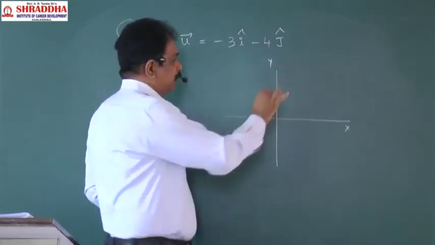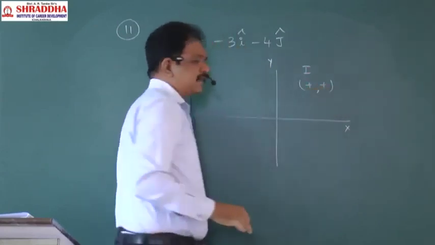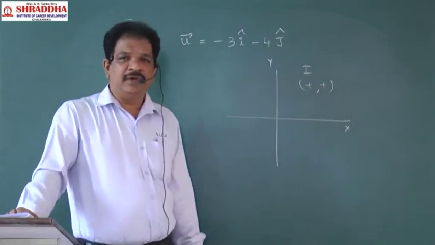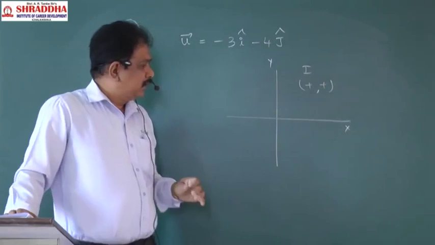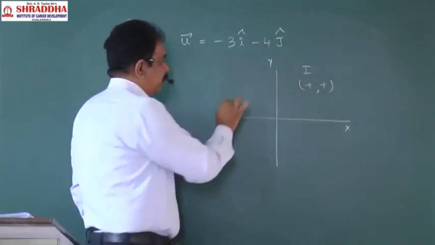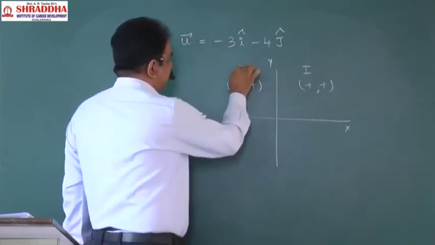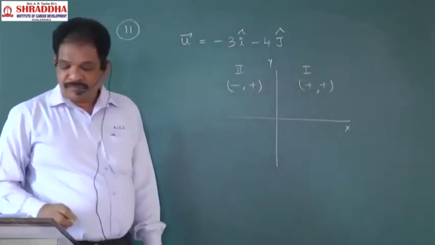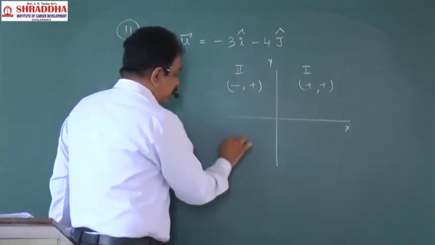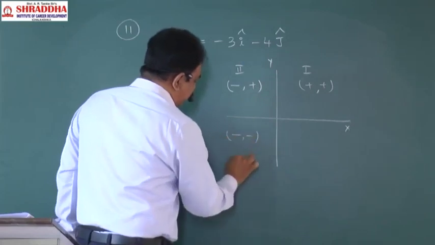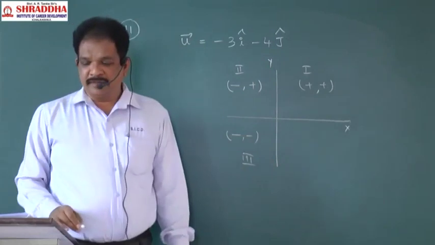Here this will be the first quadrant, both will be positive. X coordinate positive, y coordinate positive. This is the second quadrant. In the second quadrant, x coordinate will be negative, y coordinate will be positive. So minus plus. In this quadrant, both are minus. This is the third quadrant.